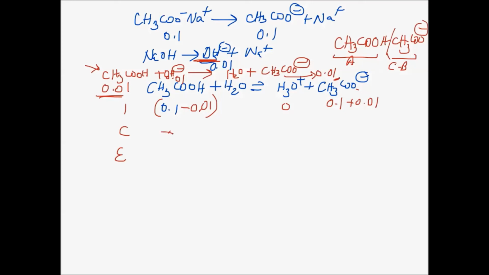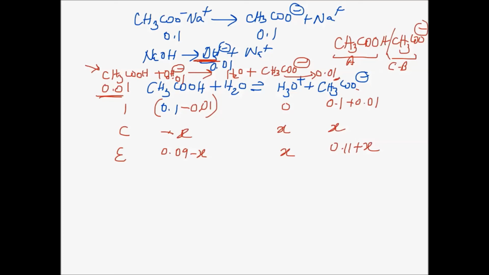The change is the same way. And so at equilibrium you have 0.09 minus X for acetic acid, X for hydronium, and 0.11 plus X for acetate.